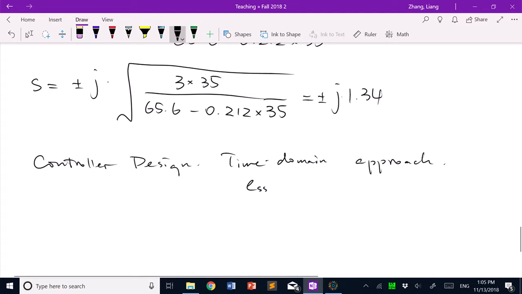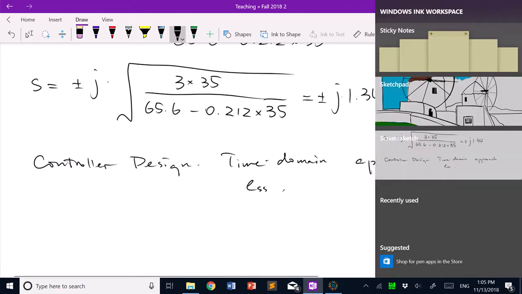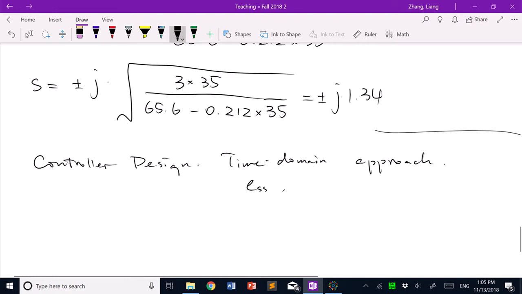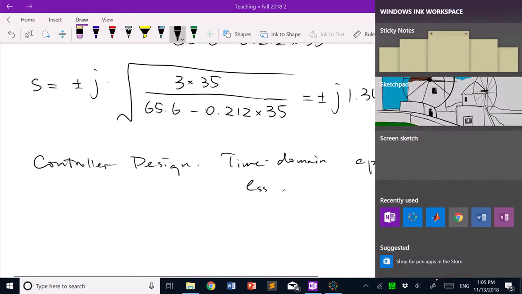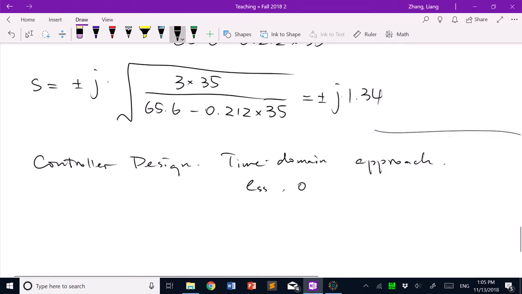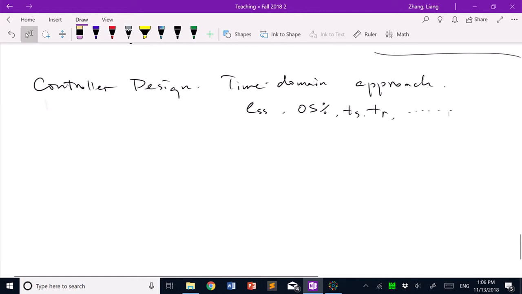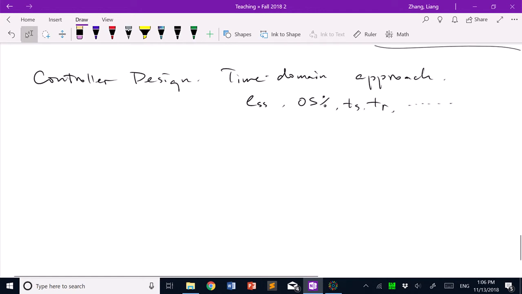You have time argument t. Or if we talk about overshoot, or settling time, rise time, those are all the behavior or performance of a control system in the time domain.